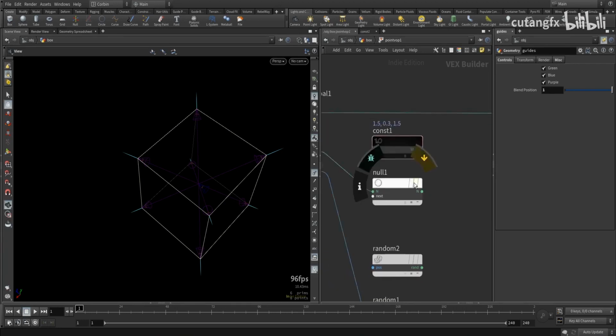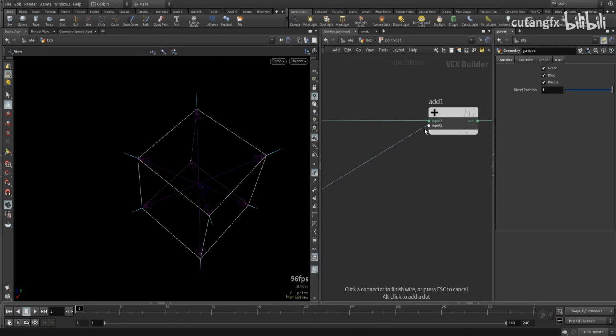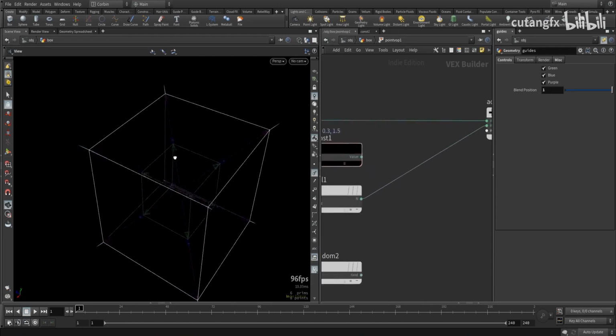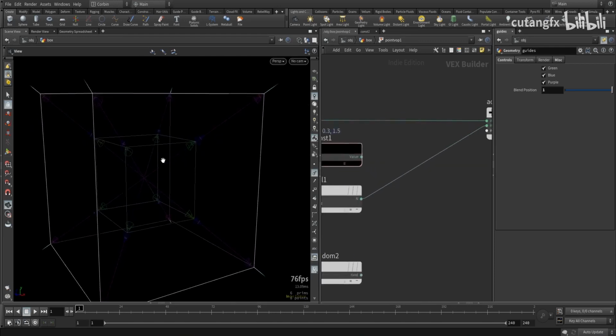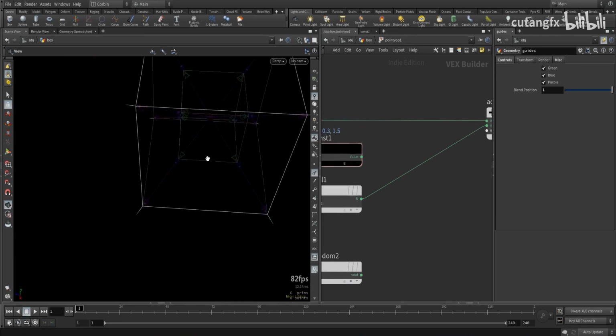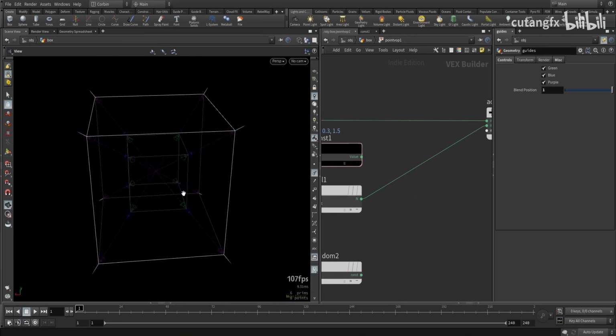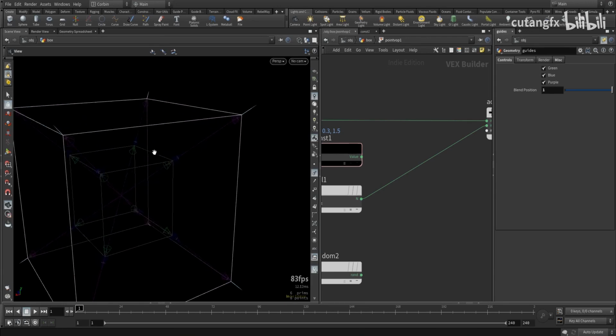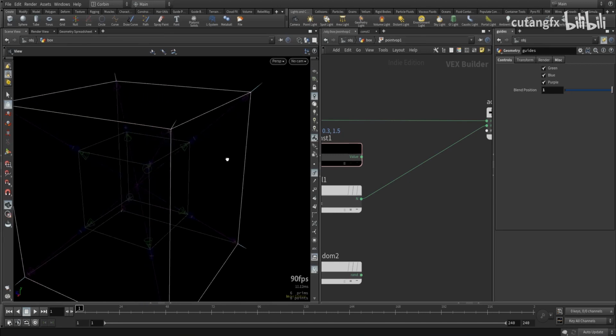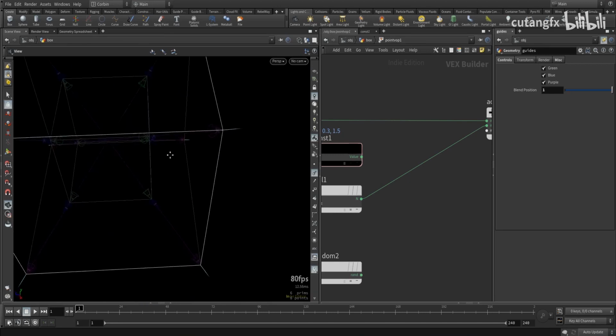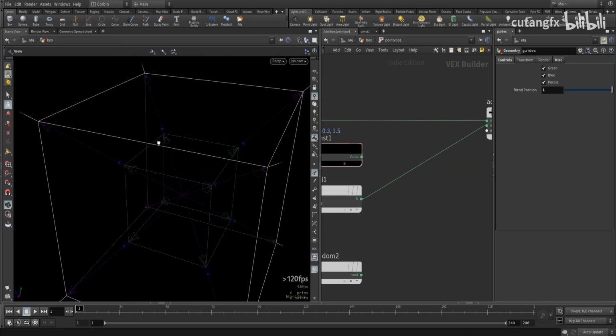I'm just passing through a null so it's easier to see. What I'm doing here, you see, we've essentially puffed up this cube. We've essentially grown the cube along the normals, which results in a larger cube. It's been expanded by the length of the normals and in that same normal direction.